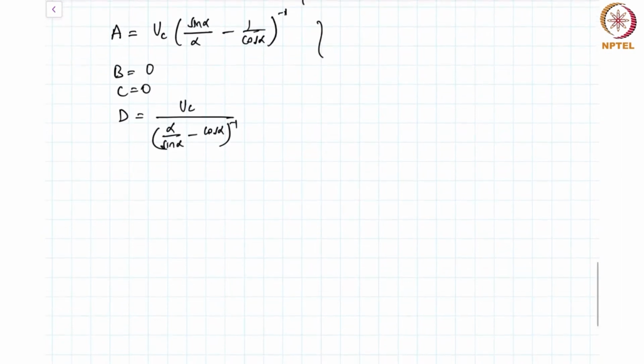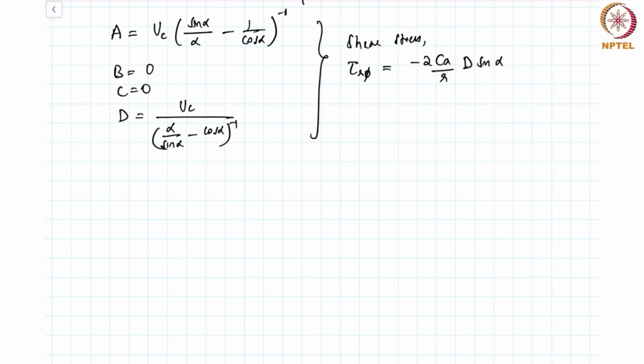Now, once you get this, you can calculate the shear stress. The shear stress in this case will be tau r phi, and this essentially becomes minus 2 times the capillary number by r times d sine alpha, where the capillary number is our well known mu u_c by gamma, right?